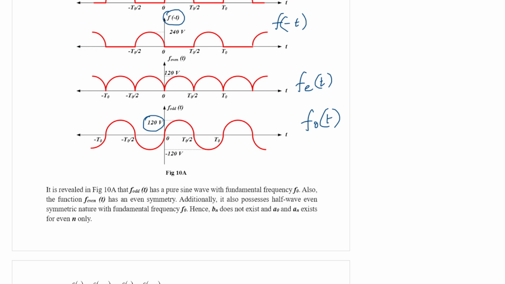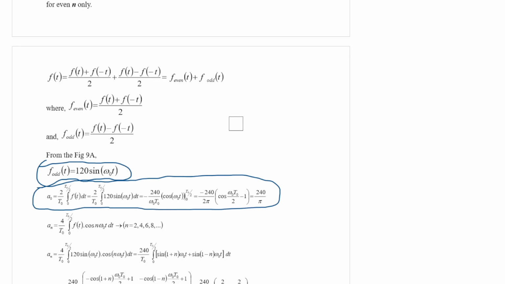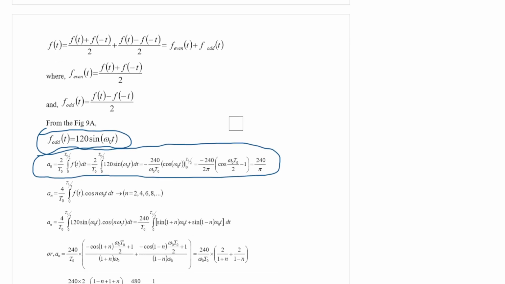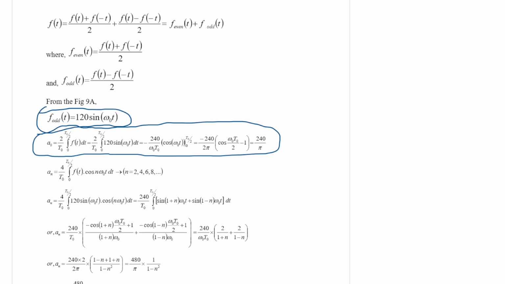A0 is nothing but 2 by t0 integration 0 to t0 by 2 of 120 sine omega naught t dt. You should omit this n. So if you evaluate this, you will get the result equal to 240 by pi. So this is the DC value.